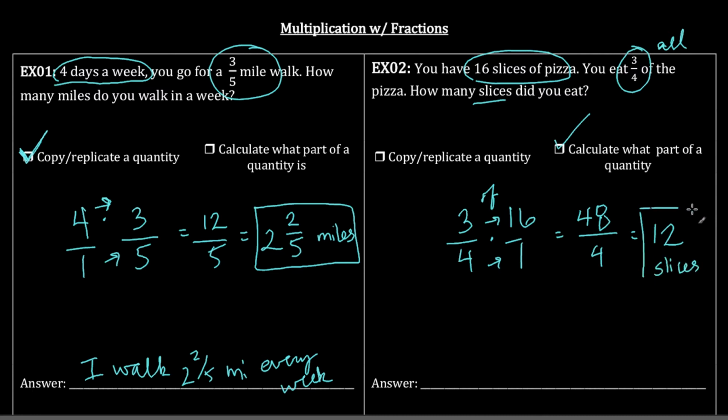This one you might have to slow down for and go back and watch a couple of times, just to make sure you understand what's really going on with this, because the math calculation part is easy. The reasoning is where this lesson is going to require some thought. We did not copy any pizzas. We ate part of that pizza. So how many slices did you eat?